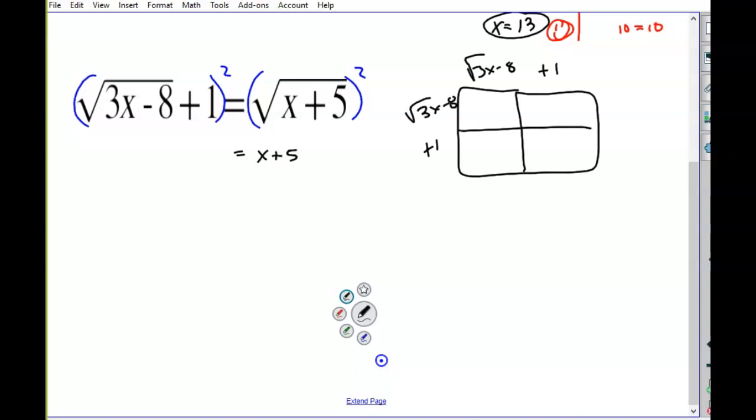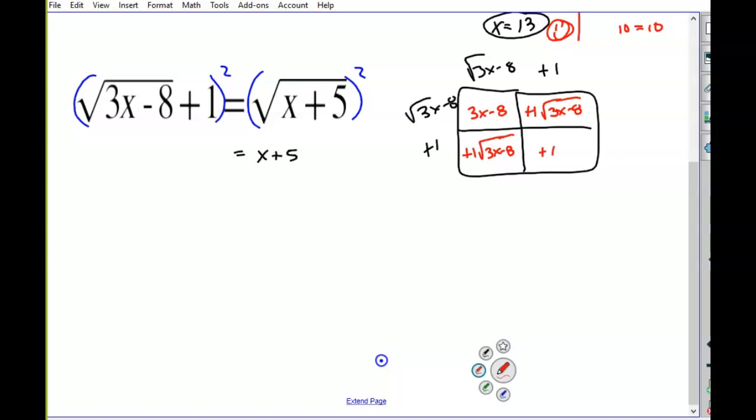I have to multiply all that together. And when I do that, the square roots are going to reduce out for the first box. And then I've got plus 1 square root of 3 minus x, plus 1 square root of 3x minus 8, and plus 1.